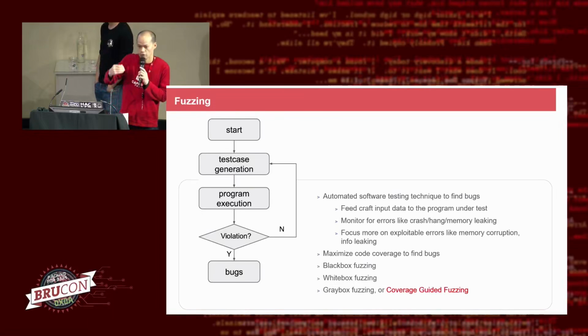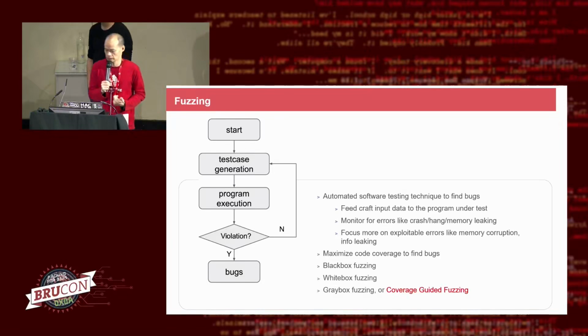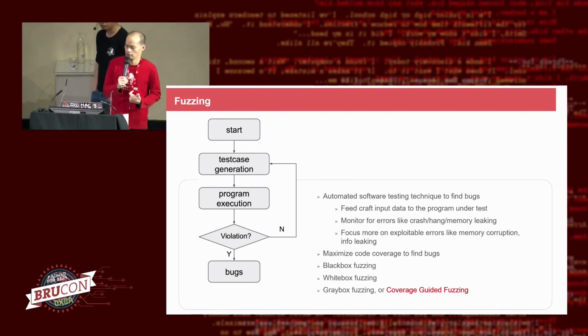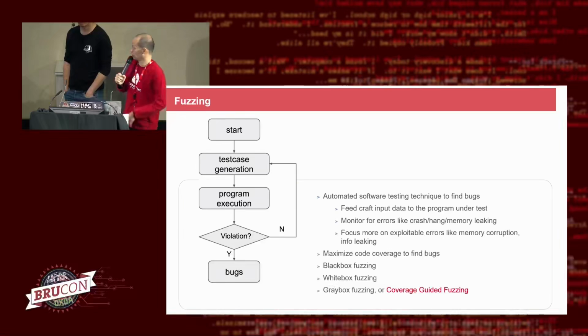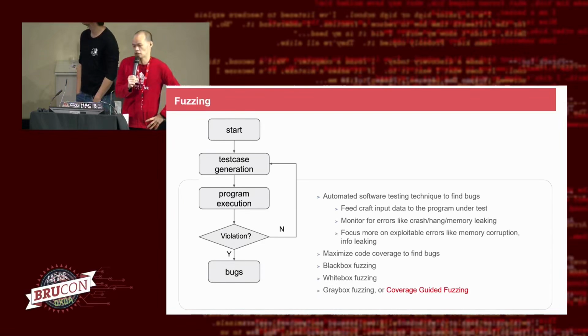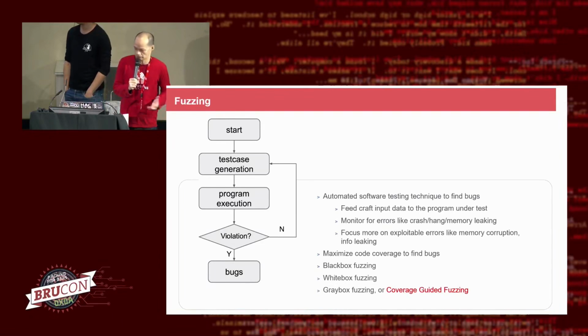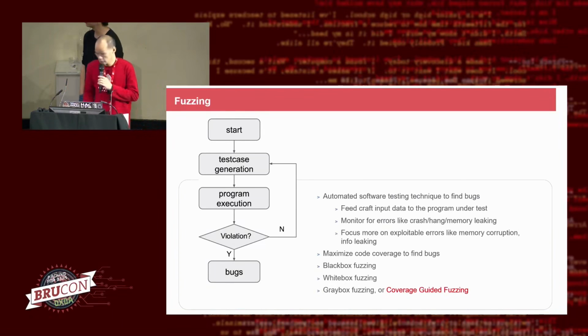And because we know very well how the program is structured, we can generate a better input. So white box fuzzing is nice in theory. It can find bugs, but in reality, analysis of a static program is not easy, and it's too complicated. So eventually, white box fuzzing is too heavy to run. It's too slow.